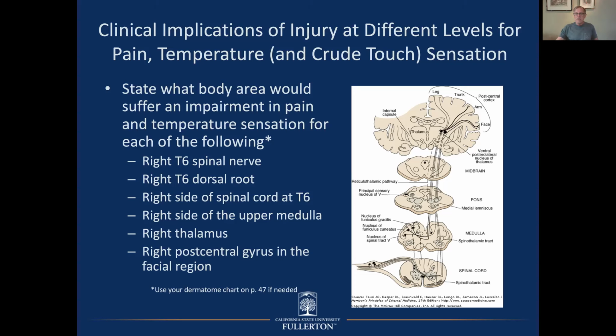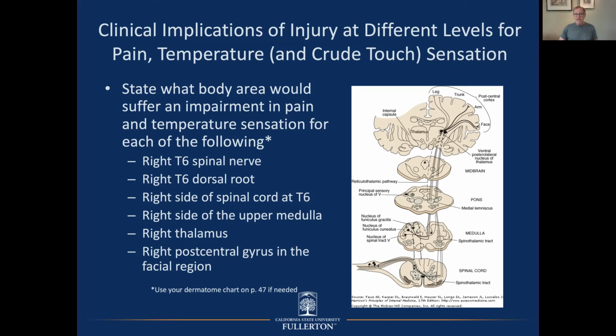Why? Let's consider why. Because all those second order neurons in this pathway we're talking about crossed at the level they entered. At all those lower levels, they crossed and they ascended then in the right lateral spinothalamic tract, and they get interrupted at T6.